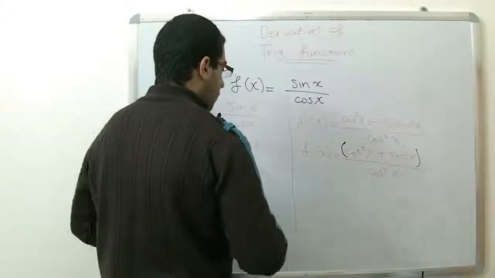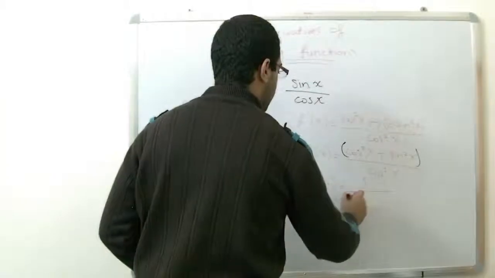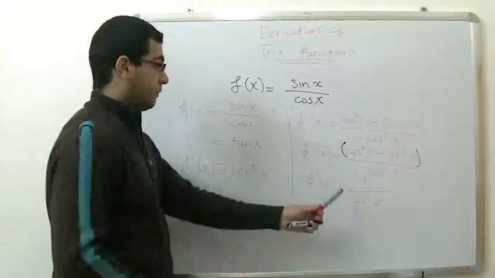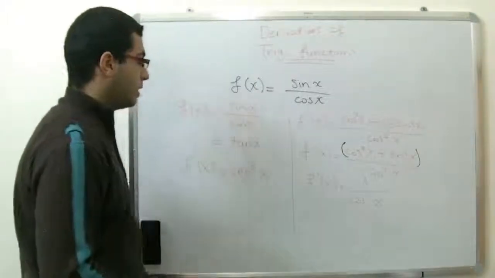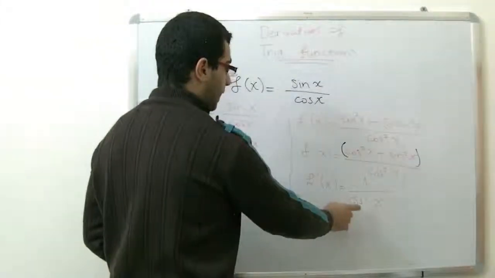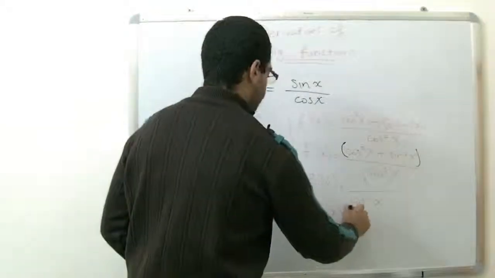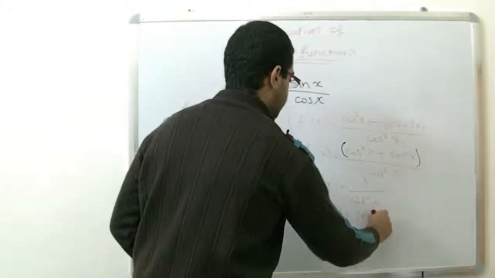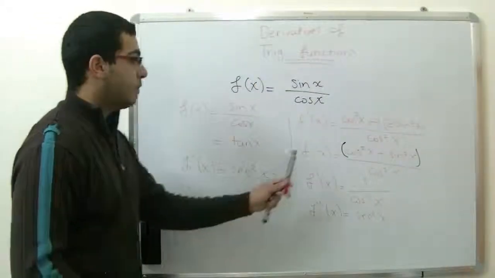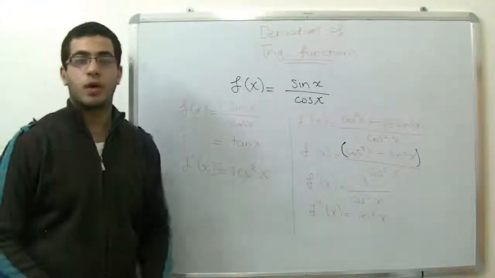So we can write it this way: 1 over cosine square x. And this equals sec square x, because we have mentioned that the secant is the reciprocal of the cosine. So f dash x equals sec square x, and this is our final result. They are the same, and this may be used as a proof of why the derivative of tan x equals sec square x.